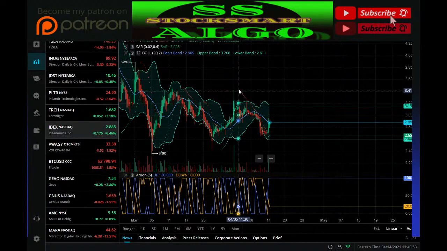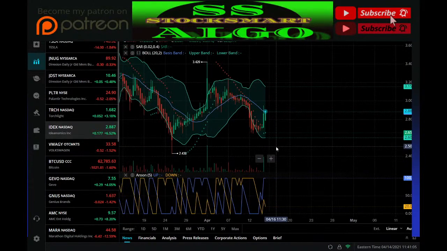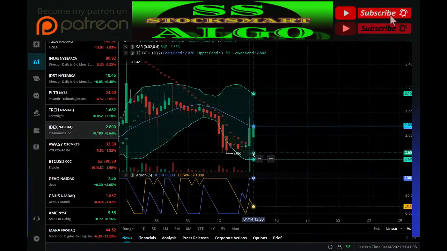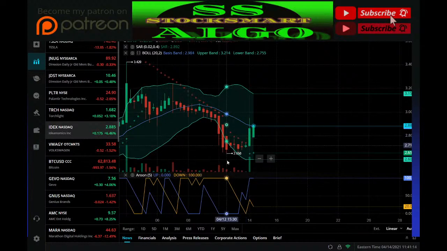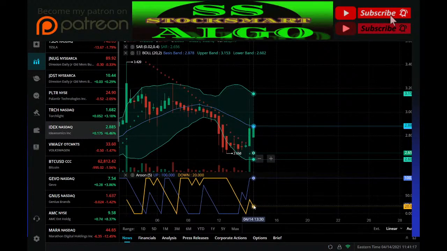I mean, it really went against you with the parabolic SAR here. You were done. Looks like it's starting to light back up, though. Okay. Looks like our parabolic SAR is starting to take over back in IDEX. It's finally found a bottom, so if there were a time to buy more IDEX and to trade the bottom to the swing of the top, but the swing of the top's already here, looks like we still got a little bit more popping up to do.